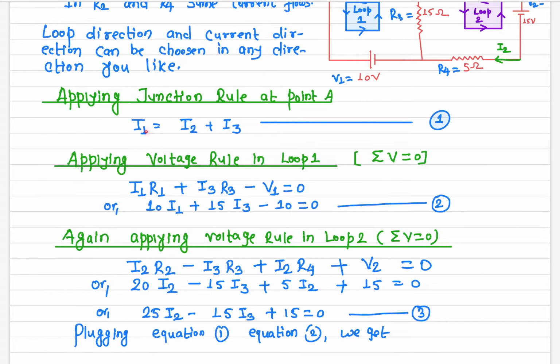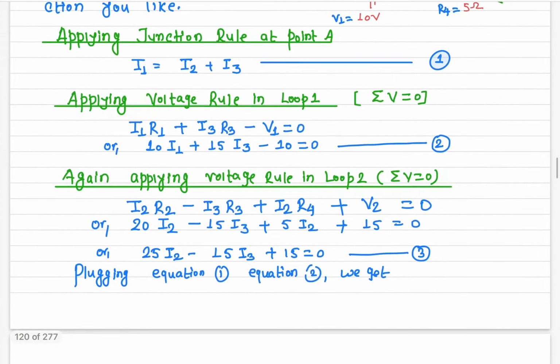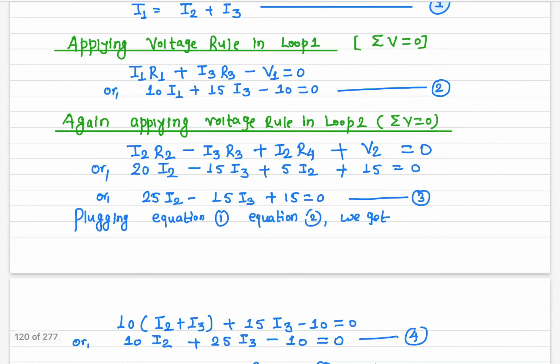Okay, so we have 3 unknown variables, I1, I2, and I3, and we have 3 equations, so it can be solved. First, we're going to plug equation 1 into equation 2. Instead of I1, we'll write I2 plus I3.